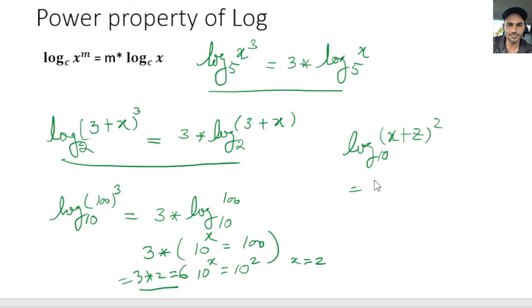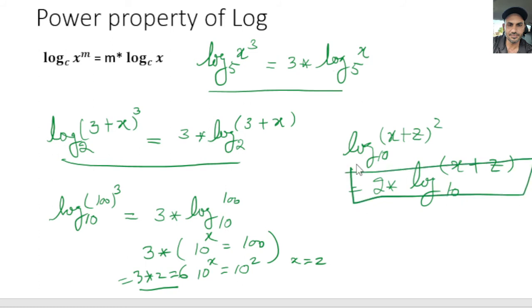So this 2, the exponent, becomes a multiplier with log of x plus z with base 10 right here. Here we go. All right, so hopefully this helps on how to simplify the power property of log.